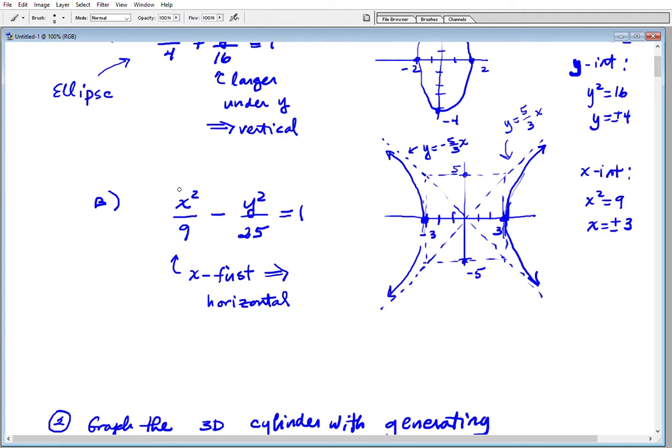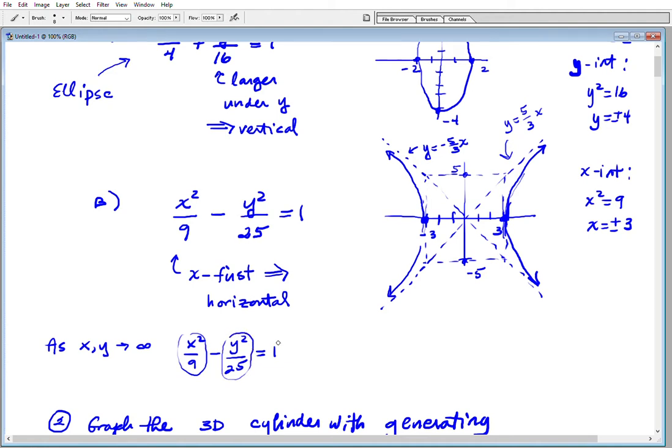If we just look at this equation and say as x and y go to infinity, these terms get big, this gets big and this gets large.